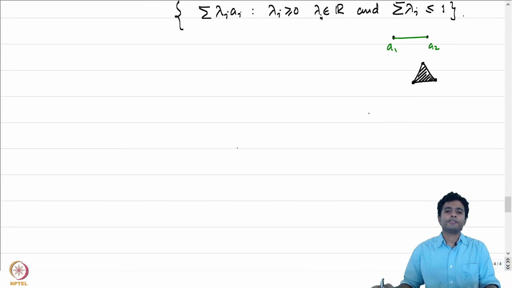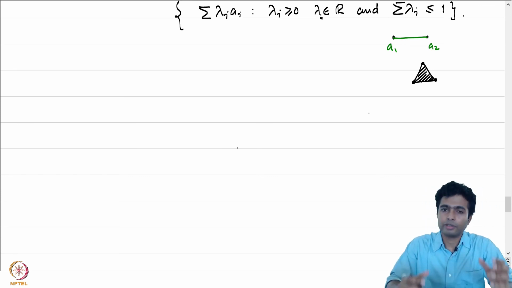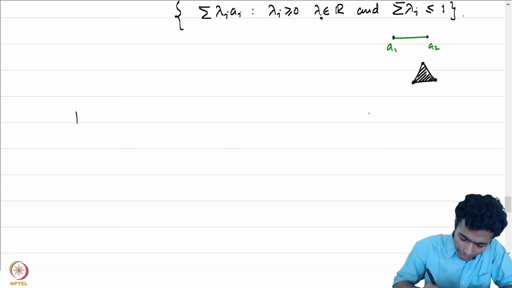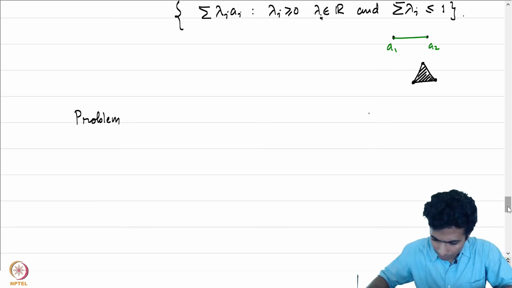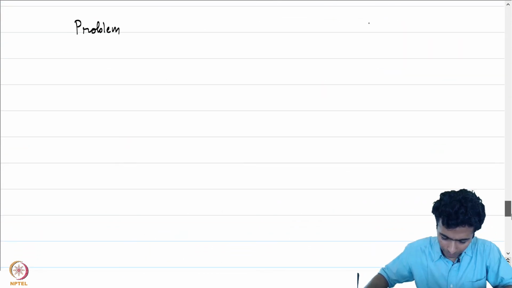In the next problem, we will try to relate the roots of the derivative of a polynomial with the roots of the polynomial itself. Let me write down the problem for you. This is problem 5.